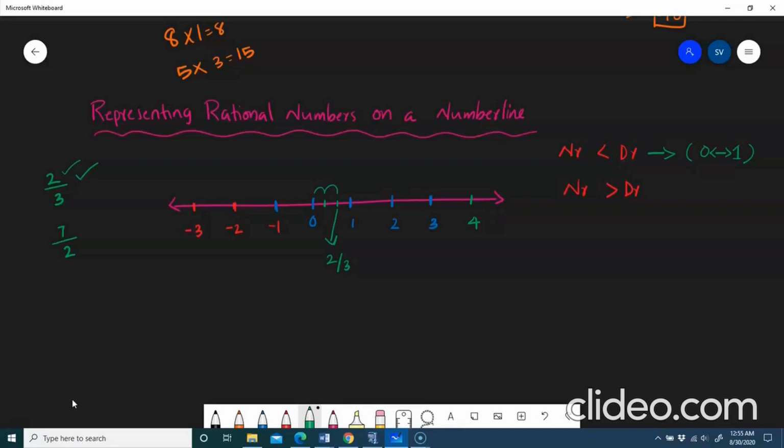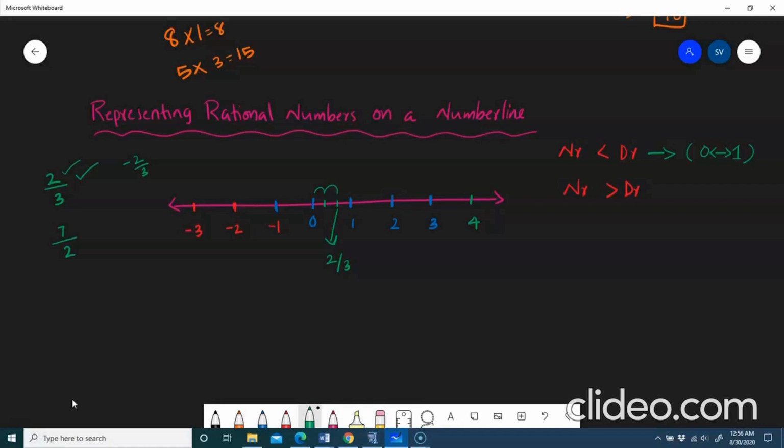And if you have the same problem, negative 2 by 3, interesting. Always look for this kind of thing: what is the numerator and what is the denominator? Don't consider that negative sign when you are dealing with this rule. Keep the negative away. 2 by 3, so 2 is less than 3.